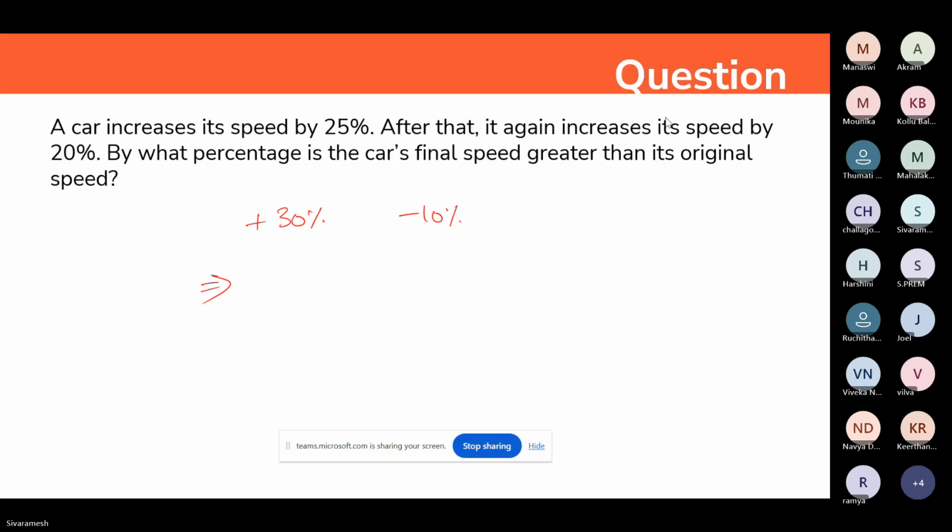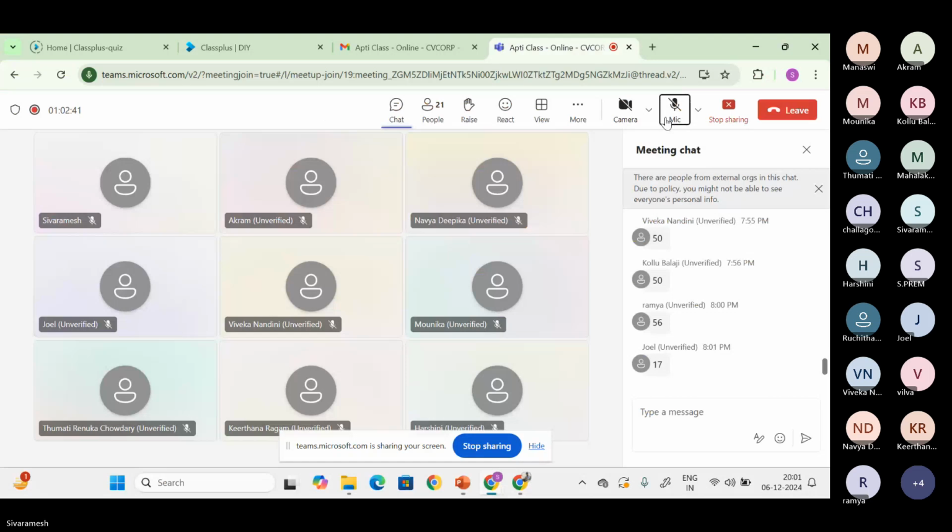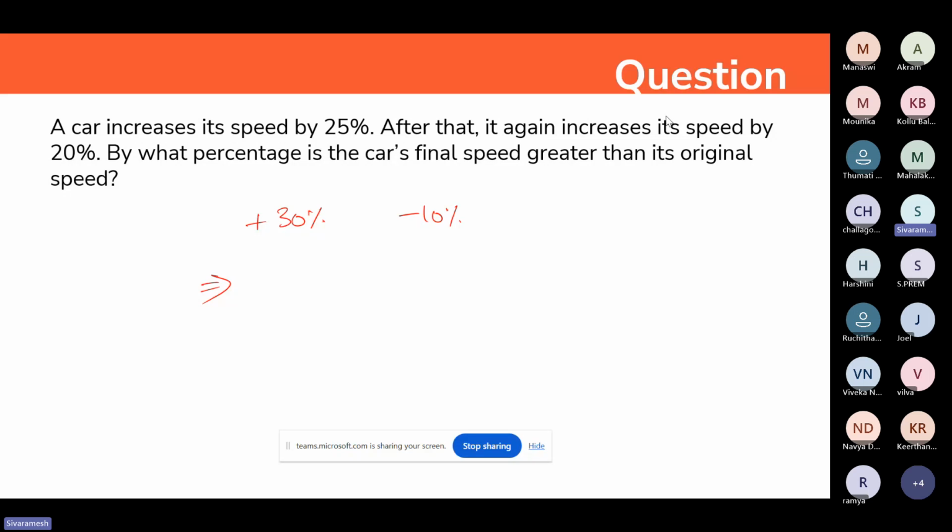Some are posting 17 and some are saying 22.